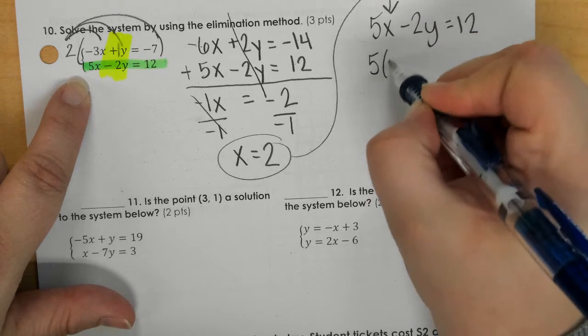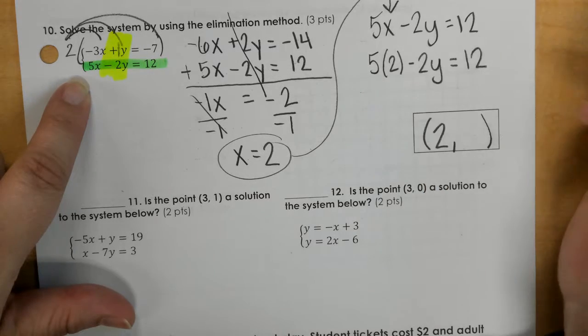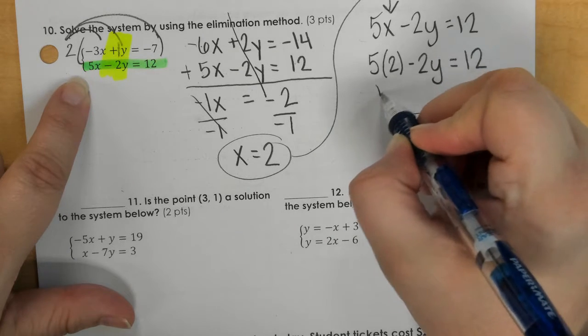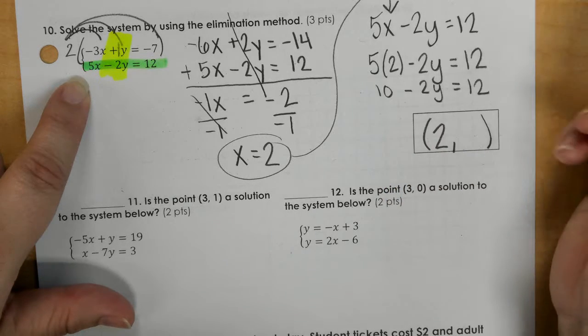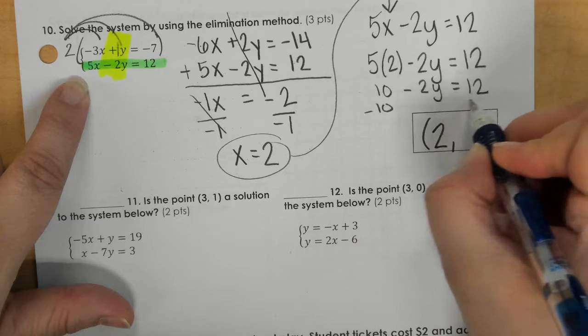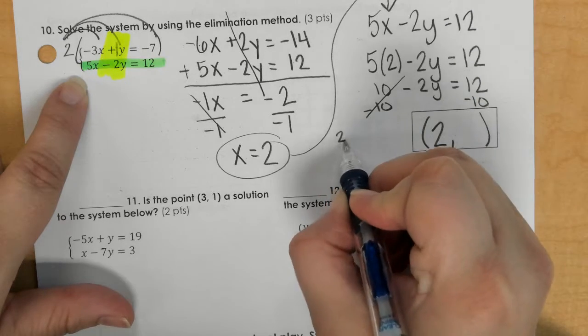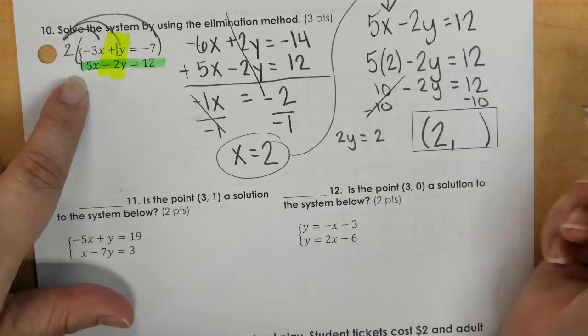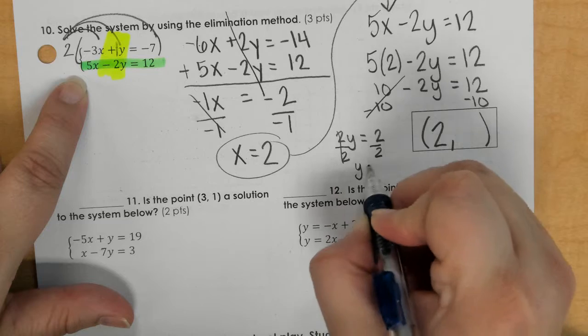So 5 times 2 minus 2y equals 12. So if I multiply, we get 10. Then I would subtract the 10 from both sides. I'm going to rewrite down here, so 2y equals 2. Divide by 2. Y is 1.